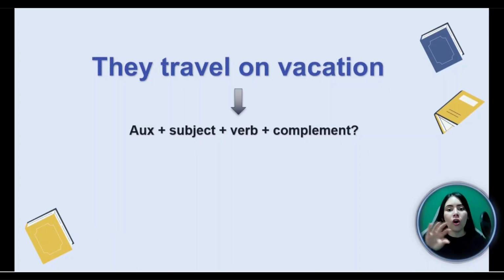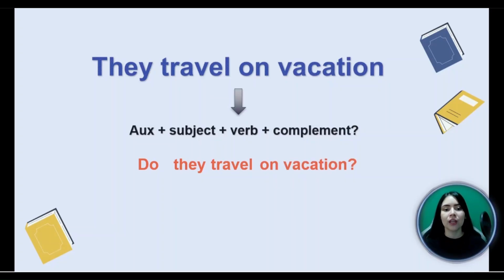These are all the things, the ingredients we need for a question. What is the auxiliary for they? Do, they, verb, travel, and complement, on vacation. Finish the question. Do they travel on vacation?